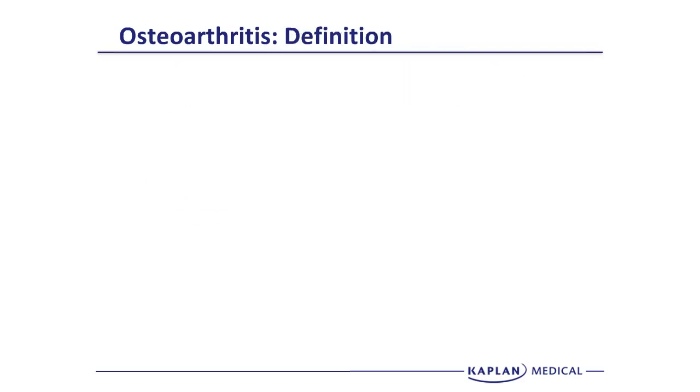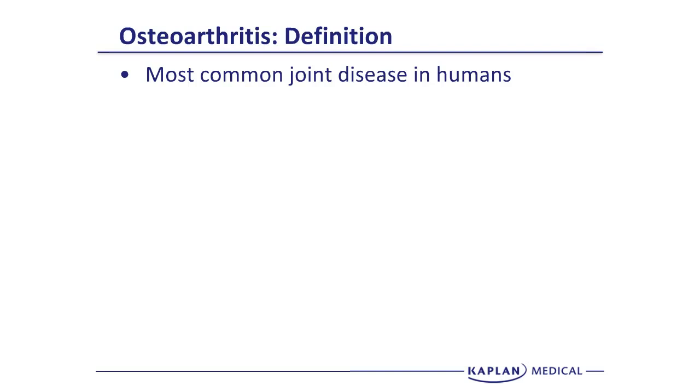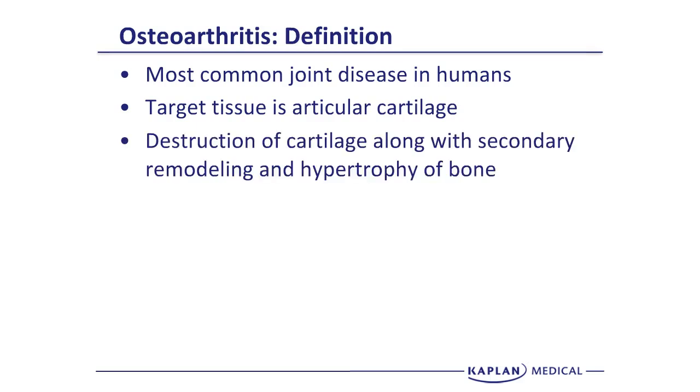Again, osteoarthritis is the most common joint disease in humans. It actually comes with age, and if you're lucky enough to live a very long life, you are all going to have osteoarthritis. Hopefully not, but most likely you will. It targets the tissue basically of the articular cartilage. So it's actually the cartilage that is going to be damaged initially. There's destruction of the cartilage along with secondary remodeling and hypertrophy of the bone right under the cartilage.